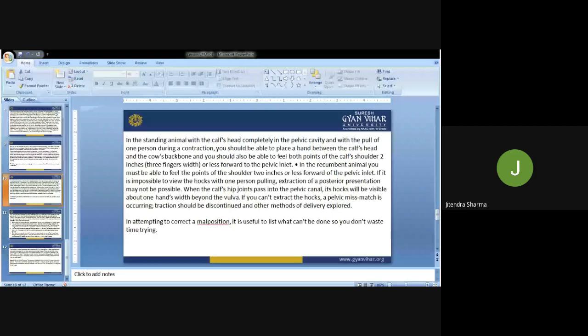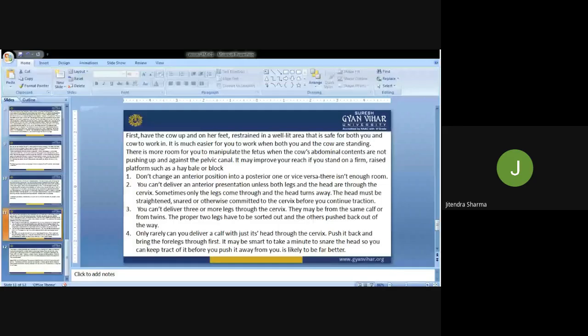In an attempt to correct a malposition, it is useful to first find out whether it can be done, so you don't waste your time. First, have the cow up on her feet, restrained in a well-lit area that is safe for both you and the cow to work in.